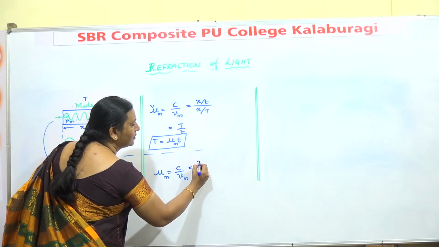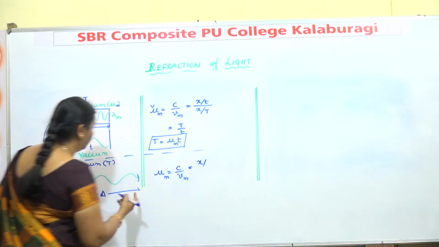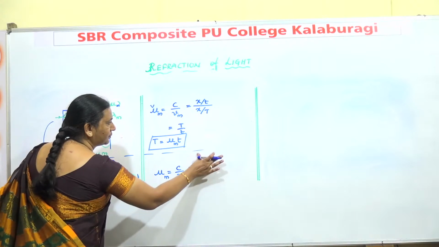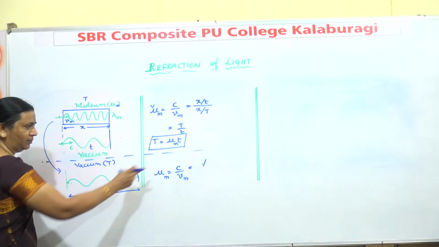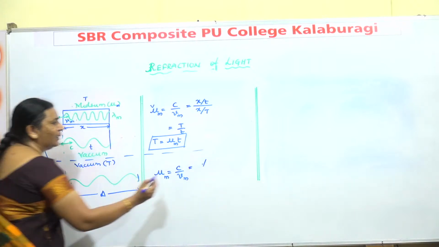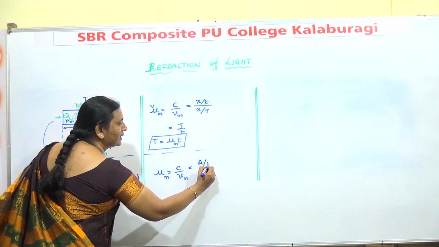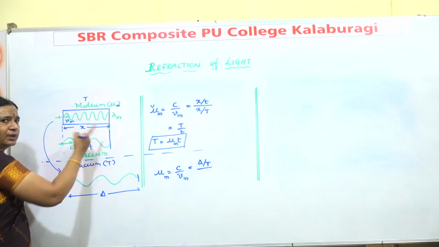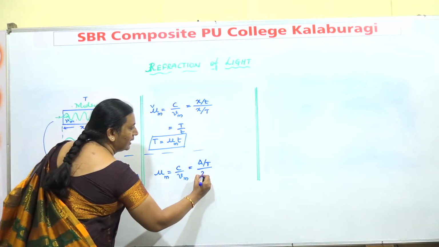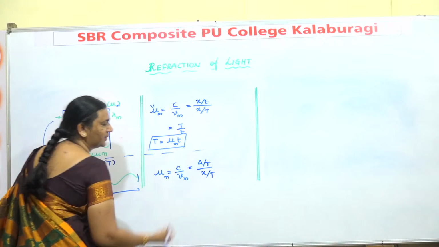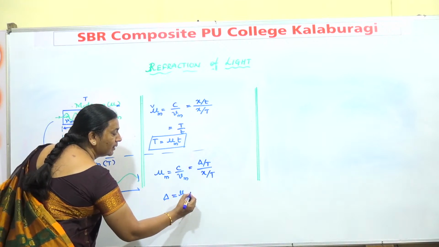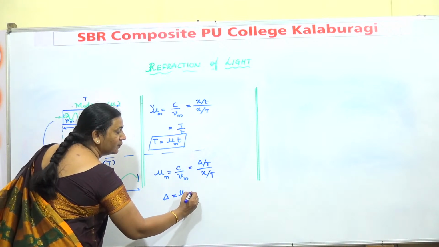It becomes, sorry, delta in the vacuum, numerator is vacuum, so delta by capital T. Whereas this has traversed only distance x, so x divided by capital T. Then delta equals mu times x.